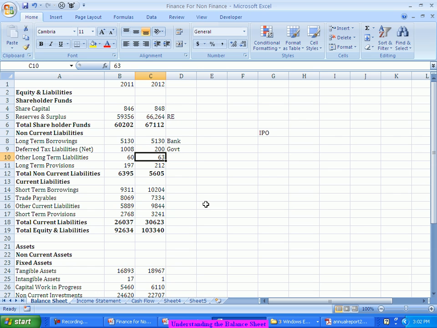Then the other thing that can come out is the long-term provisions. See, companies generally set out some provisions, let's say, to the employees.